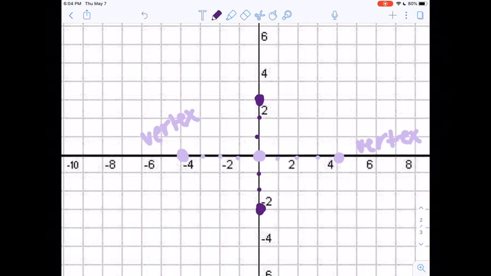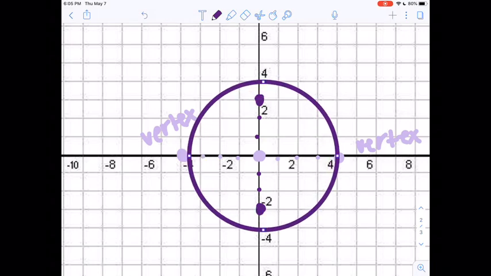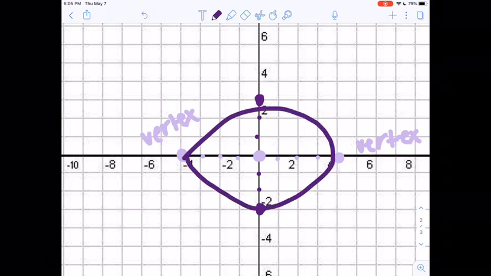So there's my other point. Okay, so now I could actually connect these points right here. I'm sorry, that's creating a circle. I do not want that. Okay, and I kind of have this awkward looking football, but this is my ellipse.